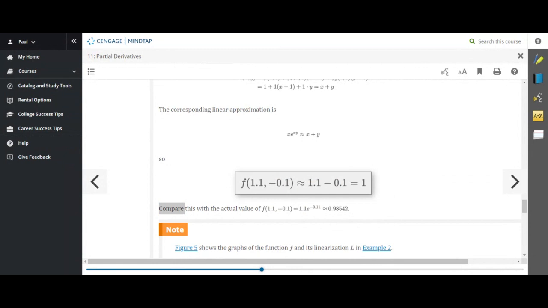Using the linear approximation, it's just 1.1 minus 0.1, and you get 1. Now, the actual value is 0.98542. So it's off a little bit, but hey, that's not bad for a linear approximation. And that's how you use these ideas.